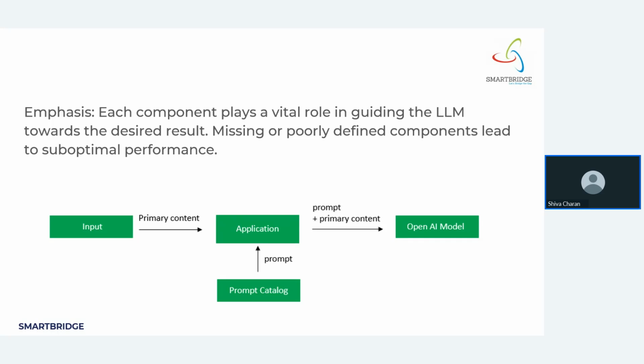From the input, the primary content goes to the application along with the prompt, and the prompt plus the primary content go through the OpenAI model. So each and every component plays a vital role in guiding the LLMs, and through that we get our desired result.